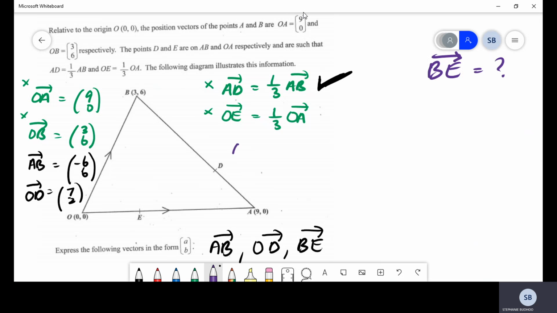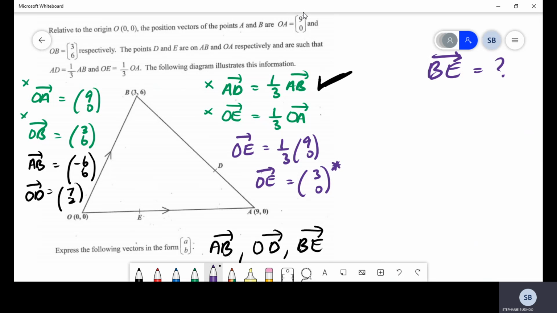So therefore, we can work out OE to simply be equal to a third of (9, 0). And therefore, OE has a value of a third of 9 is 3, and that's 0. So we have this bit of information to work with. And now we could go ahead and work out BE.